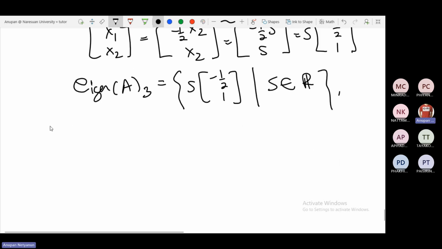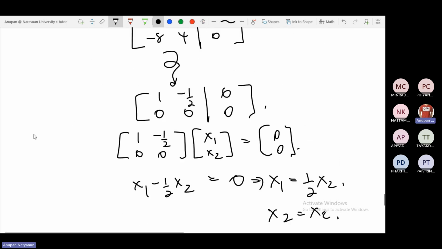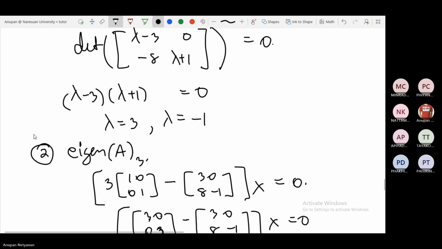Then we do the same thing for lambda equal to negative 1. We did this already.